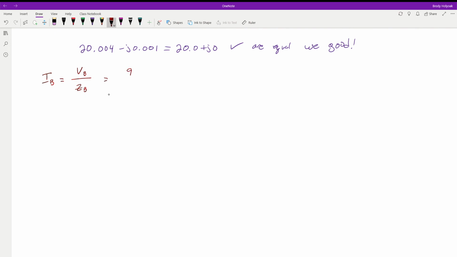So we have 9.828 volts at an angle of 1.621 degrees divided by the impedance, which is 5629 at an angle of negative 5.816. The current going through branch B is equal to 1.746 milliamps at an angle of 7.437 degrees.